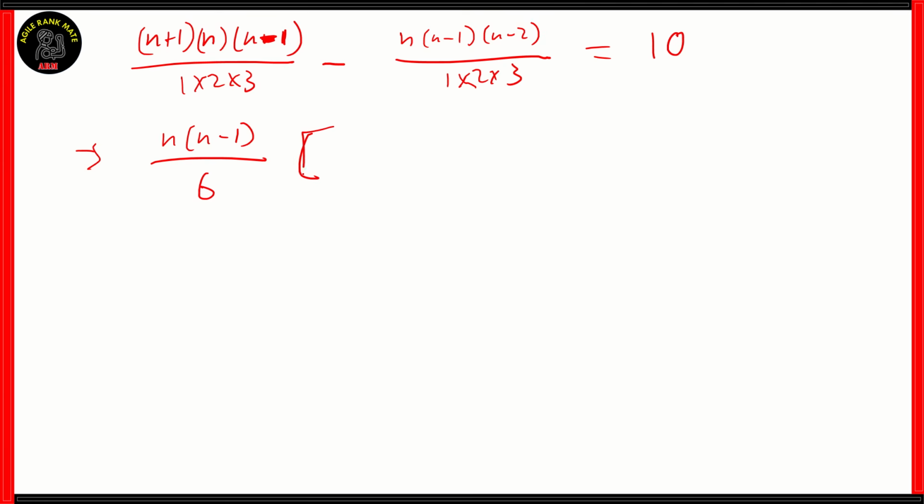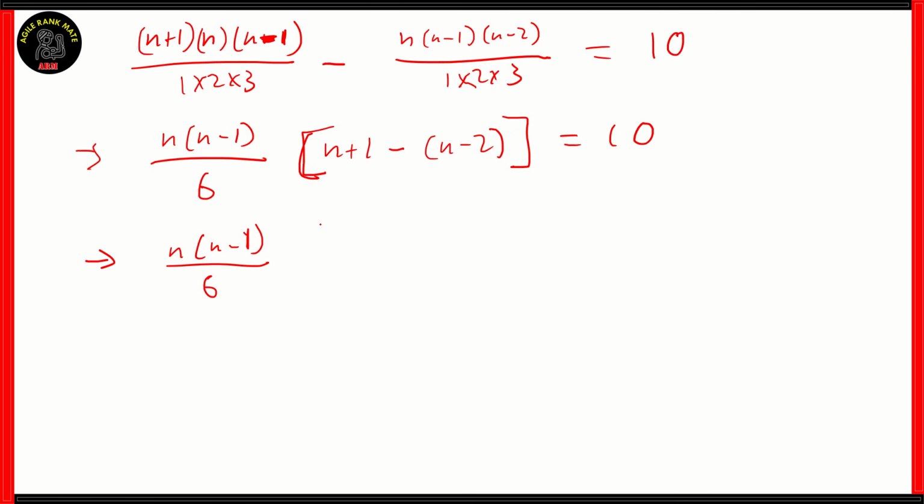And then inside the bracket, you will have n plus 1 minus n minus 2, which is equal to 10. So let's solve the bigger bracket. So n plus 1, when you put minus inside the bracket, you'll get minus n plus 2. That equals 10.